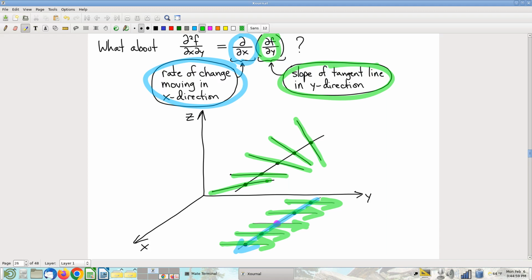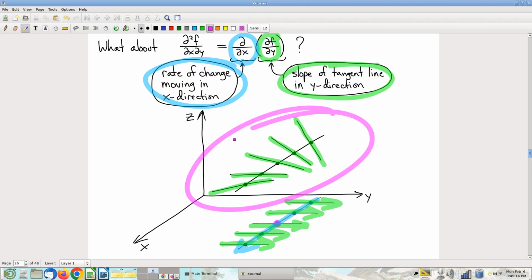As we move in the x direction, these slopes are going from negative to positive. They're getting bigger, they're increasing. So whatever it is that we feel like we're seeing there, that's what this mixed second partial represents.